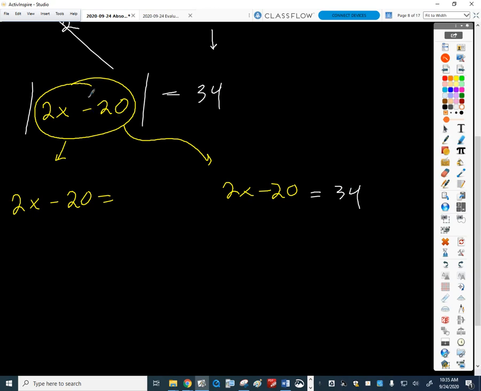The absolute value of 34 is equal to 34. What else could the stuff inside equal?